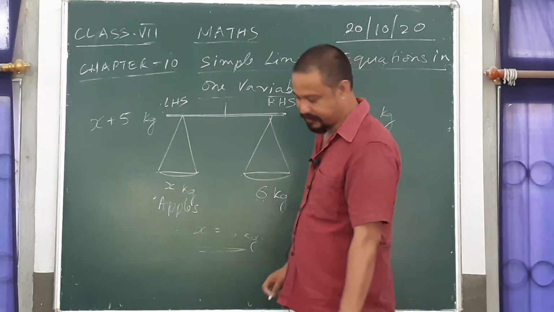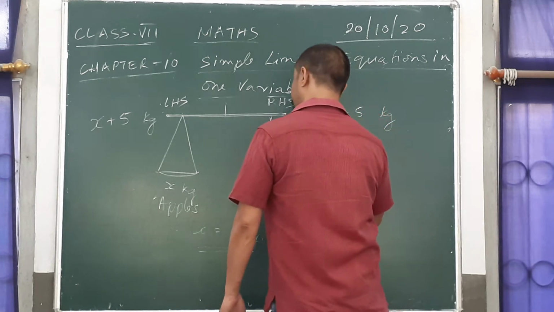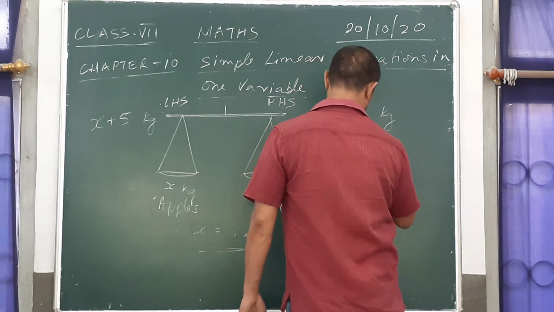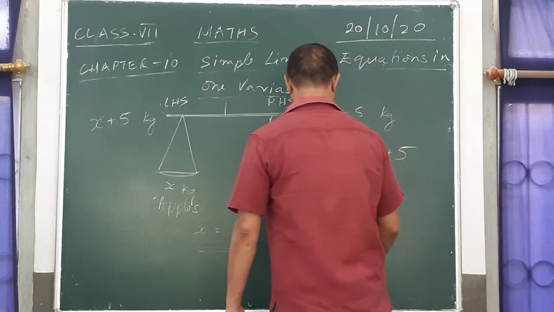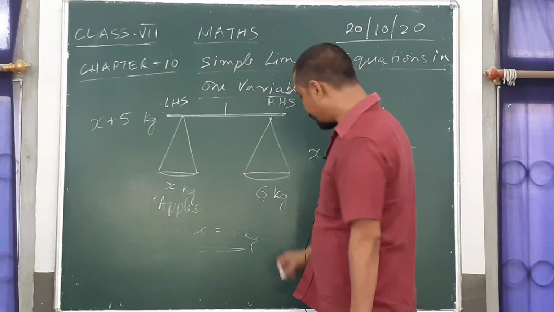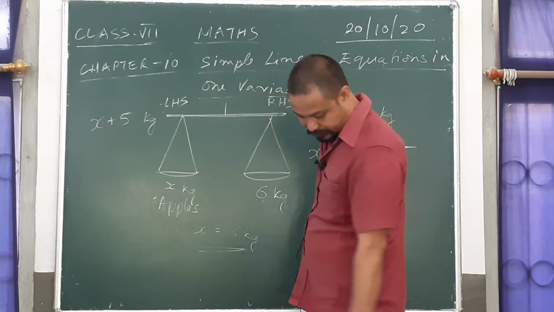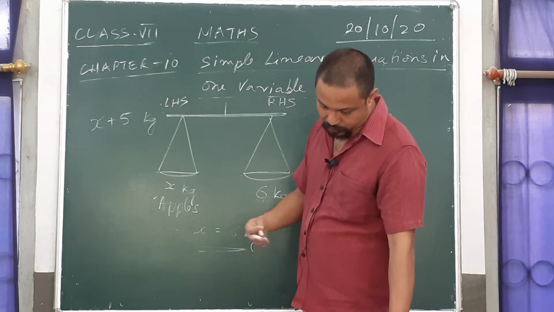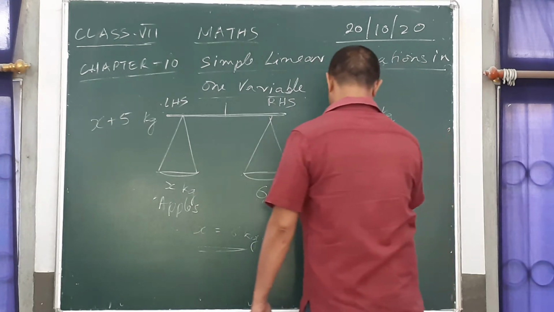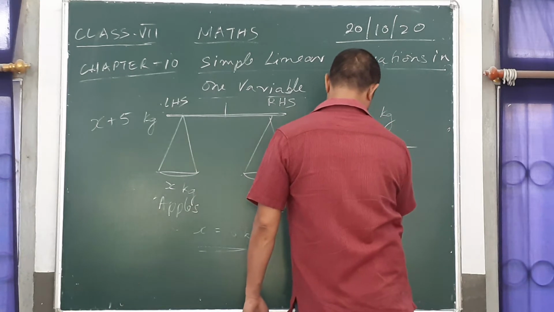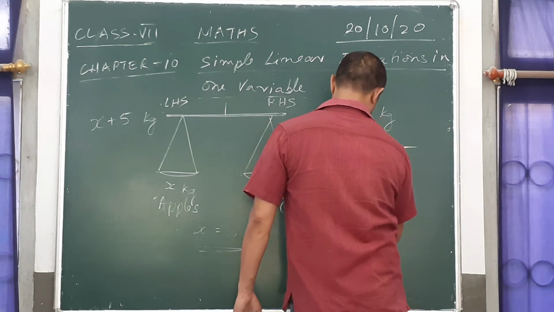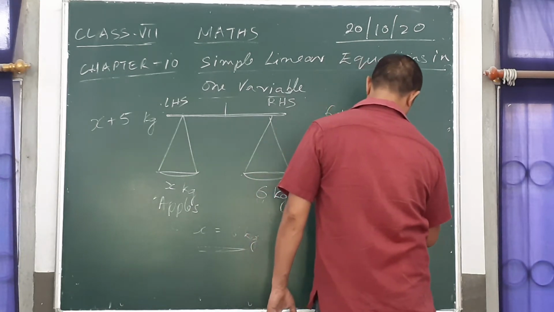Then you can say x plus 5 is equal to 6 plus 5, right? In this book they haven't gone all the way, okay. So x plus 5 is equal to 11. Now x equals to, you have to compute it further.